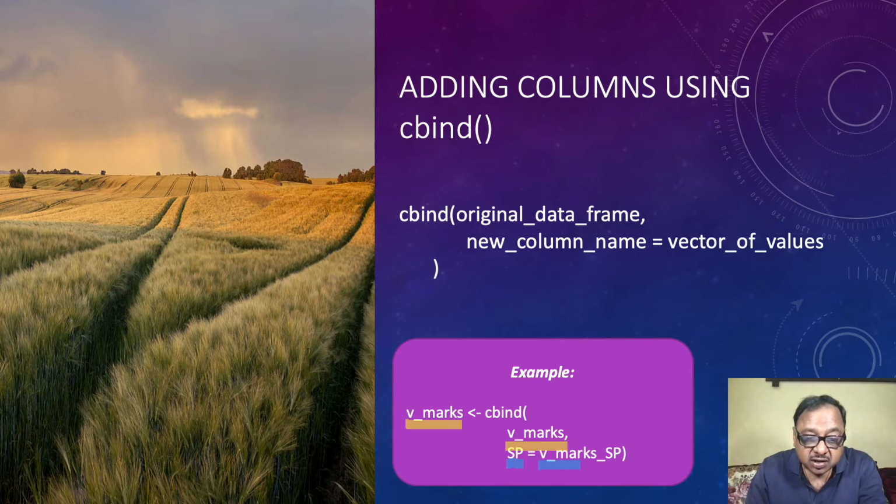The vector should contain the number of values which is equal to the number of rows in the data frame presently. So when we say cbind v_marks, comma, sp equals v_marks_sp, and assign this value to the data frame v_marks, the data frame will contain a new column called sp, and that column will contain the values as given in the vector v_marks_sp. Now let's head to RStudio and see this in action.